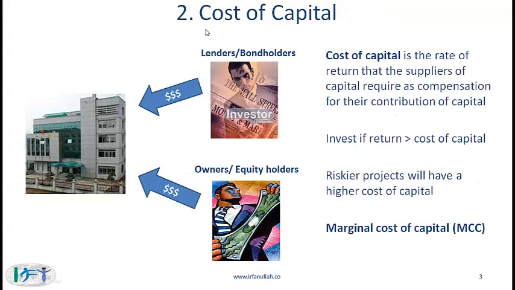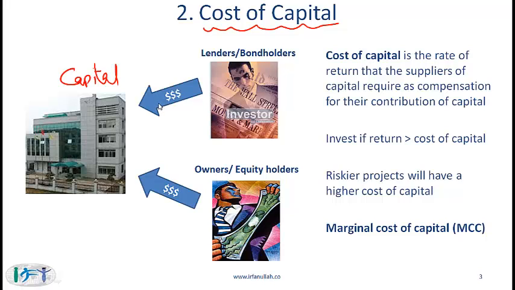Let us understand the basic concept behind cost of capital. Cost of capital is the rate of return that suppliers of capital require as compensation for their contribution of capital. Simplistically put, a given company needs money. The money that it raises is called financial capital.